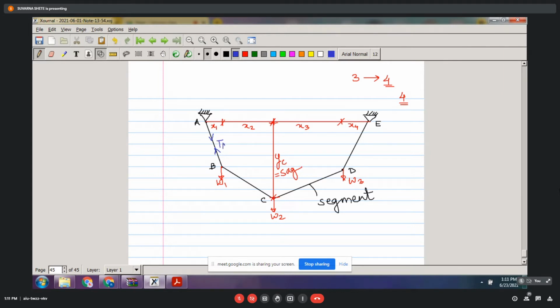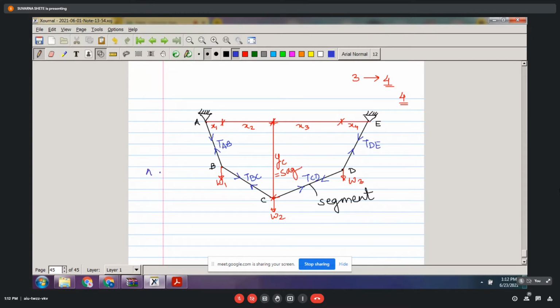This is tension AB. This will be tension BC. Every segment will carry tension only. This will be tension CD. This will be tension DE or ED.